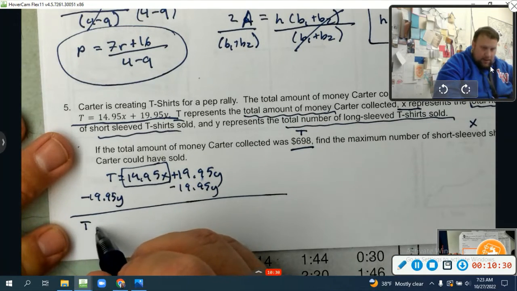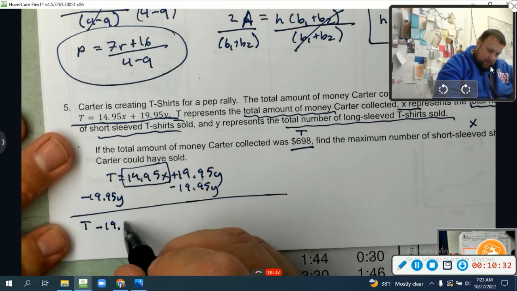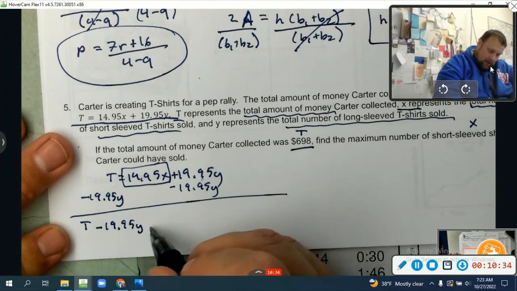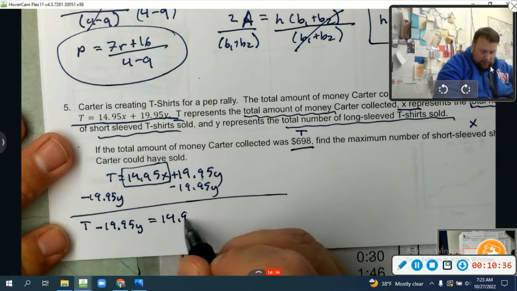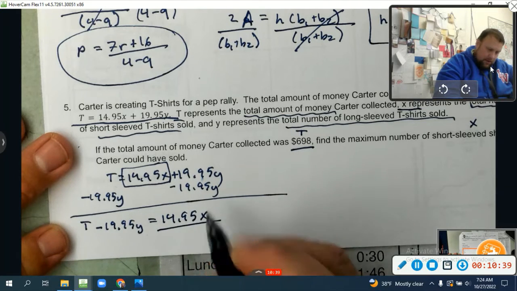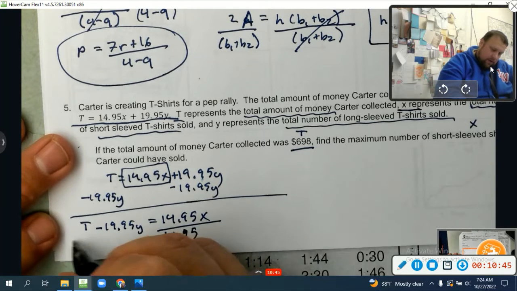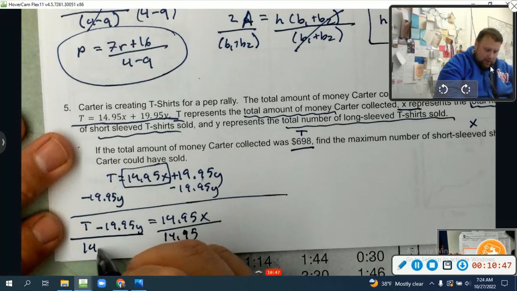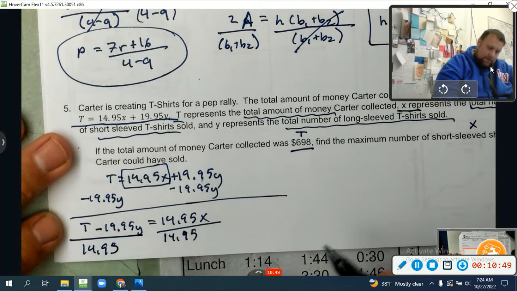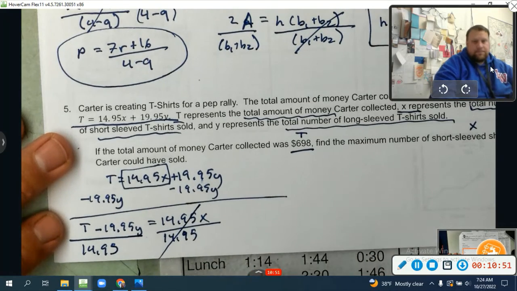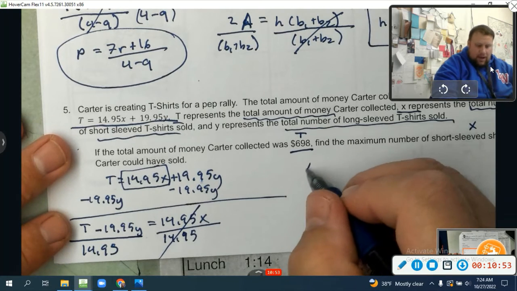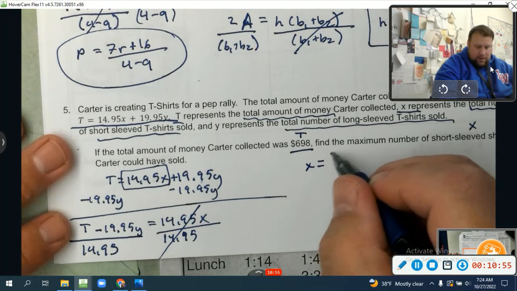So I'm going to get t minus 19.95y equals 14.95x. And I'm going to solve for x, divide that whole thing by 14.95. Boom.